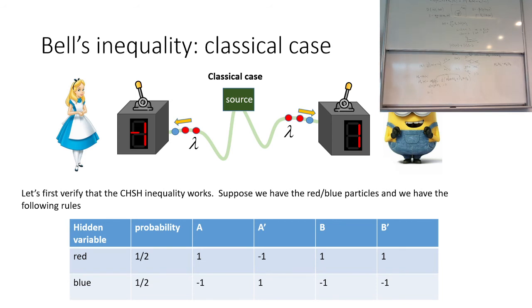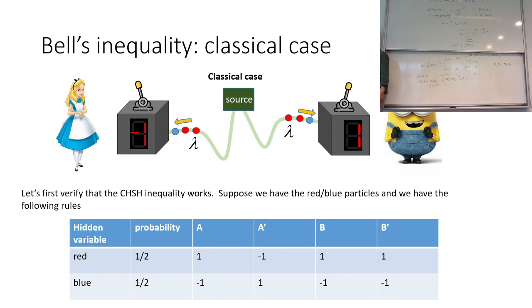Each of the A's and the A dashes and the B's have to give -1 or 1, but I can choose these values as I wish. So I could have this one as -1, this one as 1. In fact, I could have had one where both of them are 1 and both of them are -1. That's also okay.